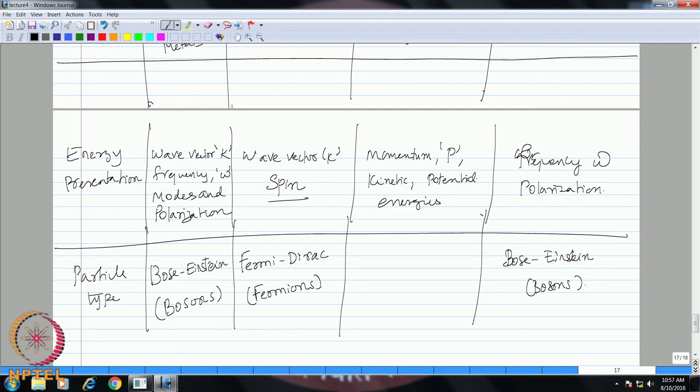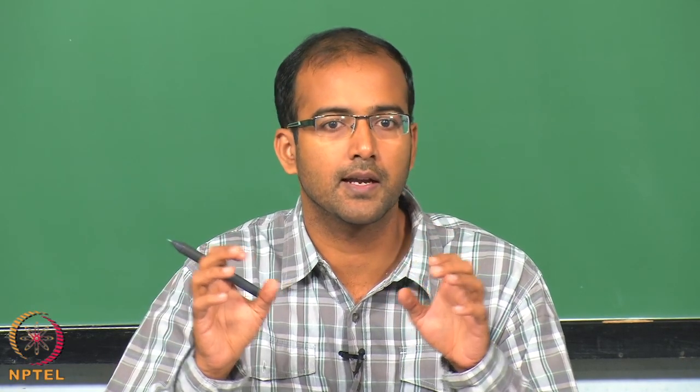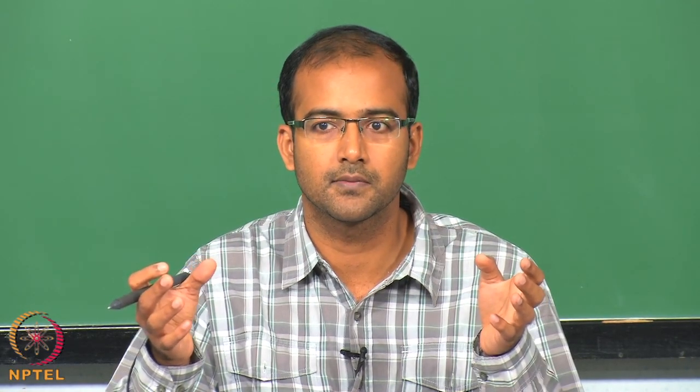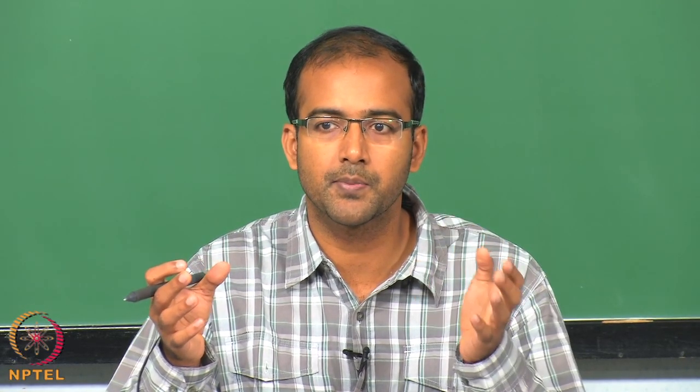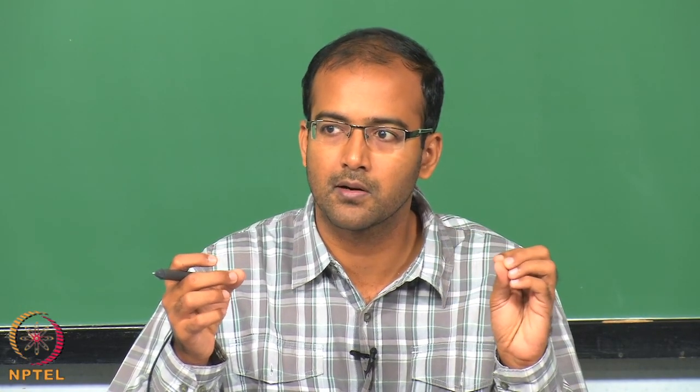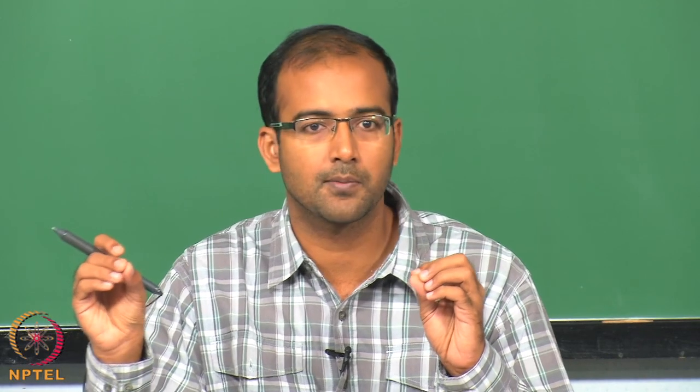So, they have spin plus half or minus half, and only plus half can occupy one quantum state, minus half can occupy one quantum state. Although they are indistinguishable, it is not like any number of particles can occupy a quantum state. Okay. So, depending on the spin, a particle with spin plus half can occupy one particular quantum state, minus half another, that is the Pauli's exclusion principle.